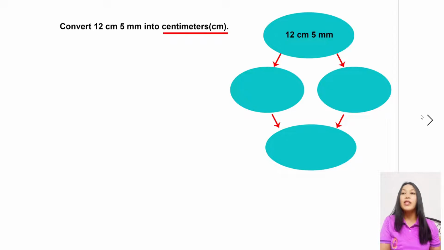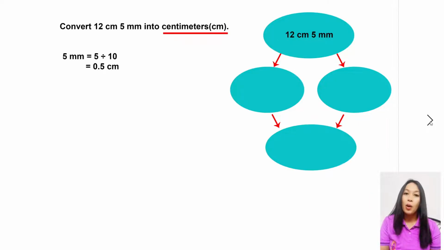So since 12 is already in centimeter, we now only have to convert 5 millimeters into centimeters. In order to convert millimeters into centimeters, we have to divide the number by 10. So 5 divided by 10, we get an answer of 0.5 centimeters.